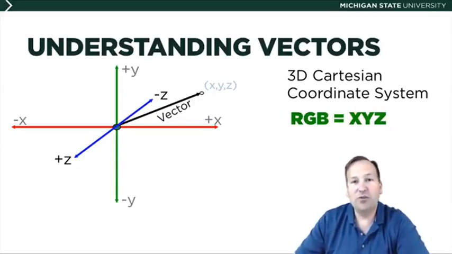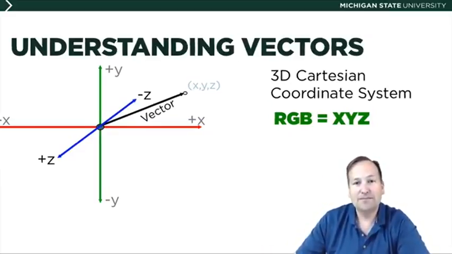RGB, of course, is the common abbreviation for red, green, blue. So red is X, green is Y, and blue is Z. That's one quick way in my mind that I remember when I see the little gizmos in Unity and they have the color coding. I quickly know, oh, if it's blue, that's the Z-axis.